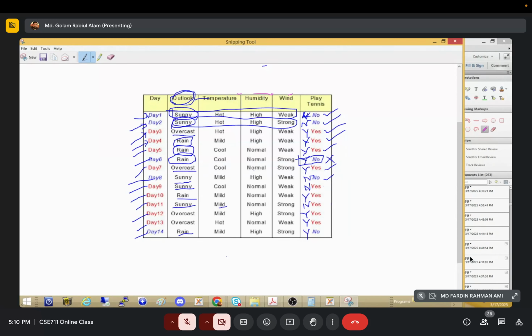And the day 9, you can see originally yes, but our model mentioned that it is no. So this is another misclassification. Day 10 yes and yes, correctly classified. Day 11 yes and no, so this is a misclassification.